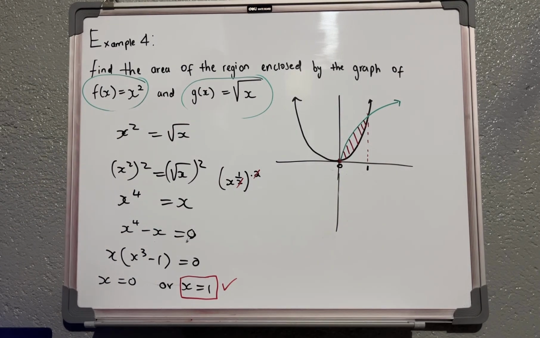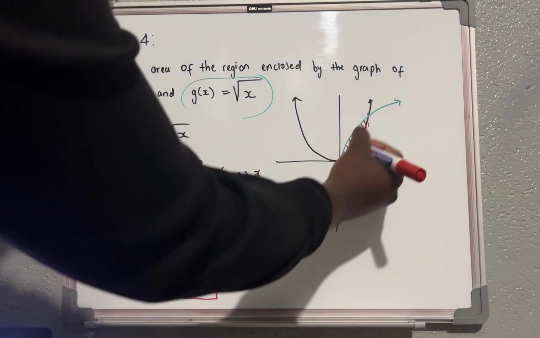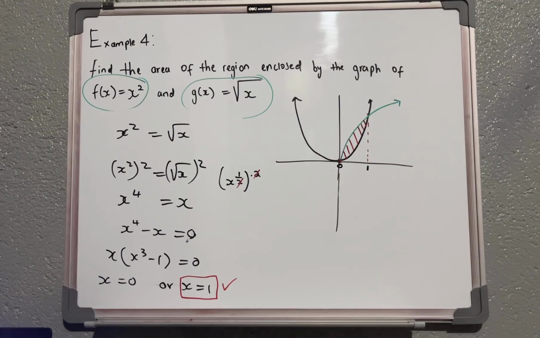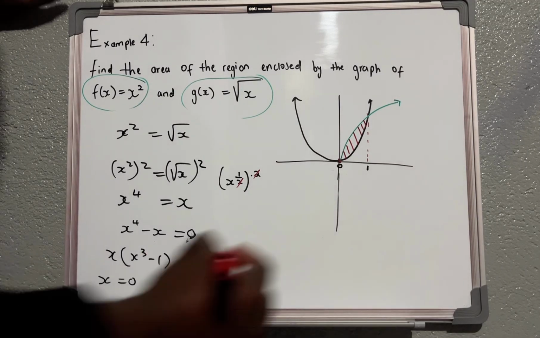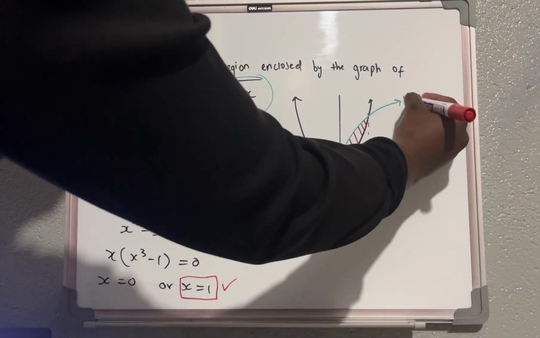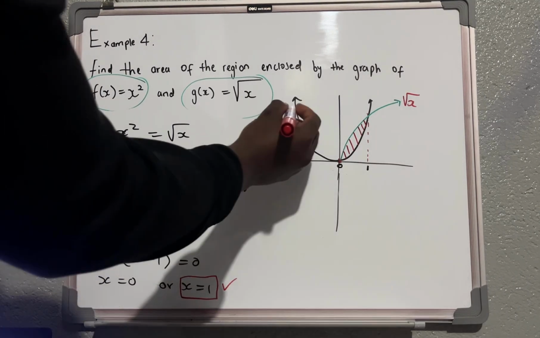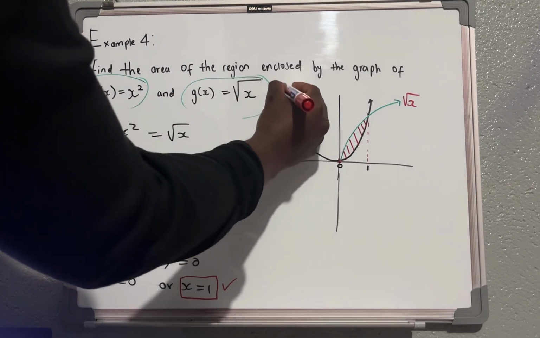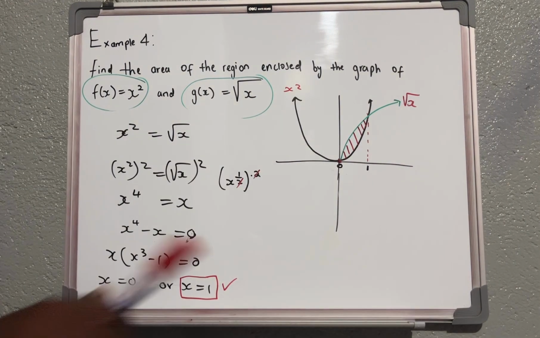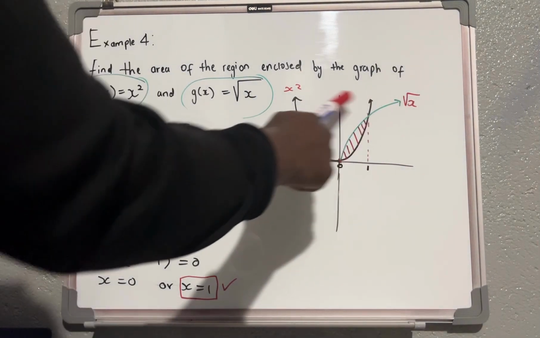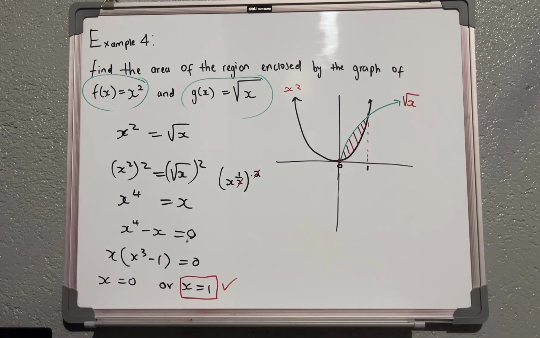They mainly do that because when they go to this part, you look for the one that is on top of the other one. This is your root of x. Then this one is where you have your x squared. So you always have this one on top minus the other one.